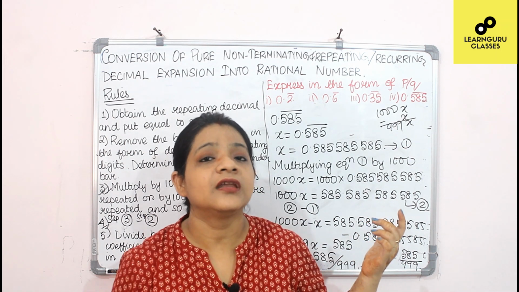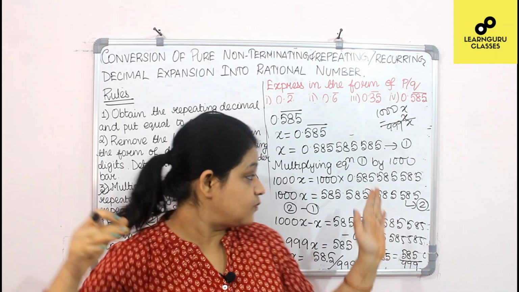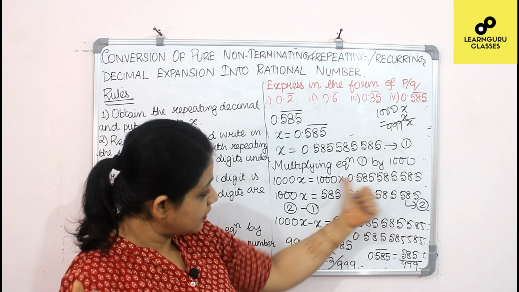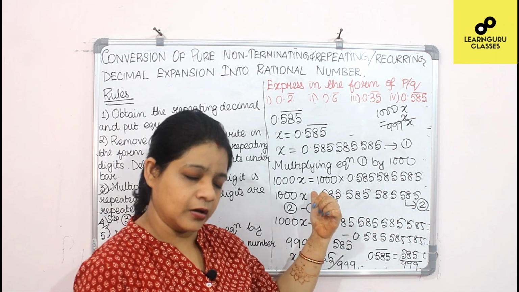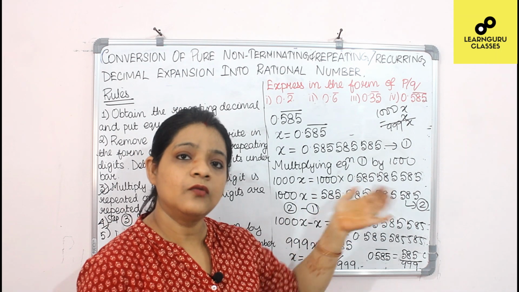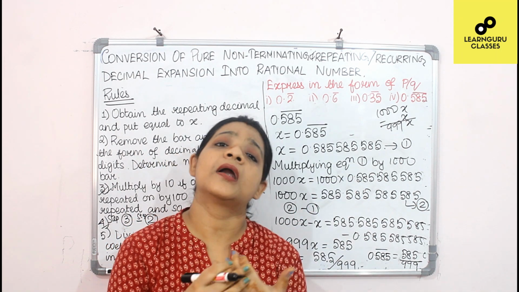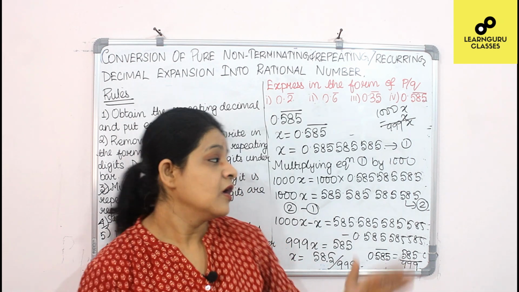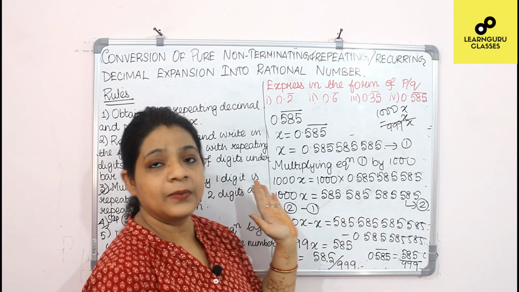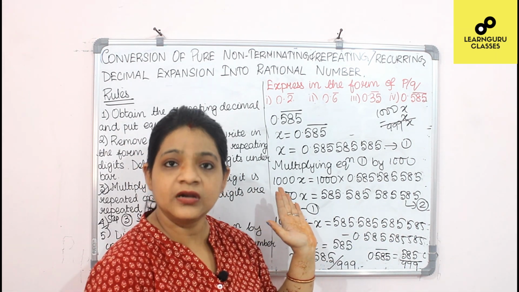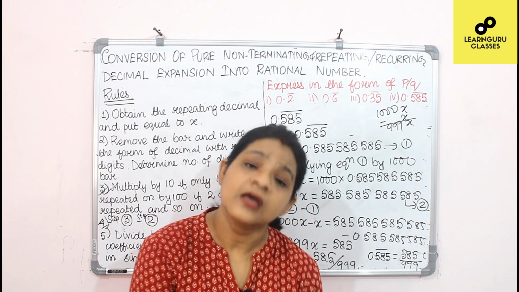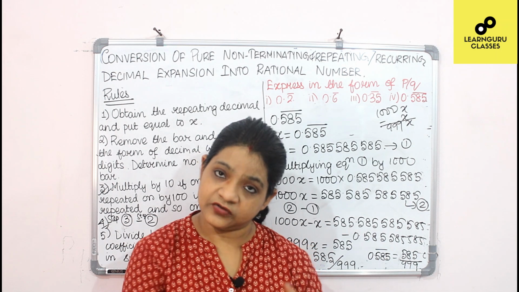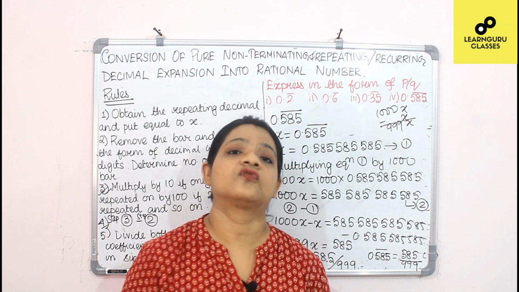If you have multiplied it with 10, one digit will be shifted to come before the decimal. If you are multiplying it with 100, 2 digits will be shifted before the decimal. If with 1000, then 3 digits will be shifted before the decimal, and so on.